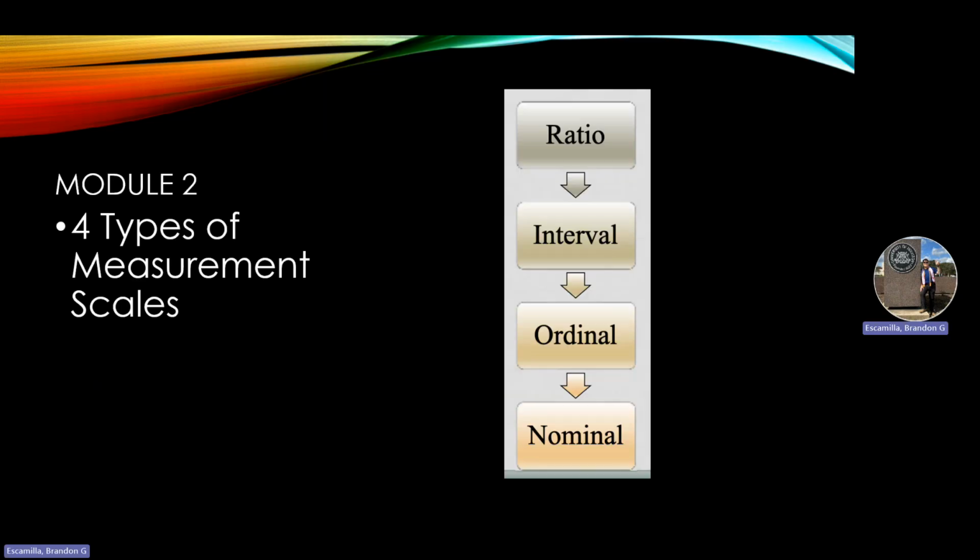So as we shifted into Module 2, we began to learn about the measurement scales. We learned about the four types: the ratio, interval, ordinal, and nominal scales, understanding their hierarchical nature and the types of analysis that are appropriate for each.